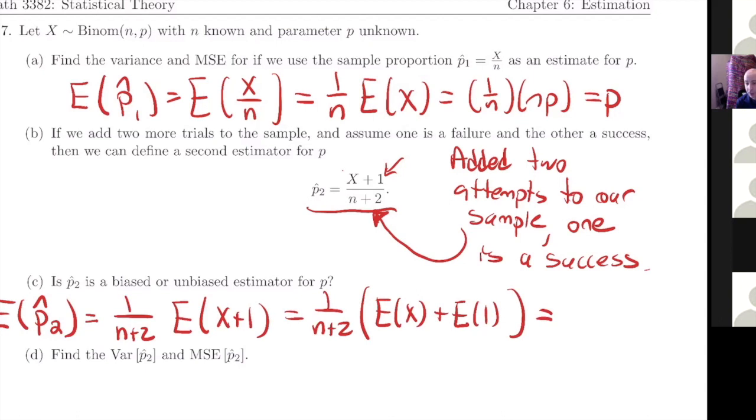The expected value of X, since this is binomial, would be n times p. The expected value of 1, what do we expect 1 to equal? We expect 1 to be 1.